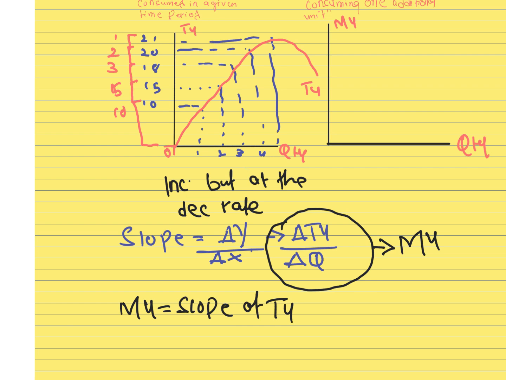These values show us how total utility is increasing but marginal utility is falling. Now let's plot the graph of marginal utility, and we'll look at the reason why, when TU increases, marginal utility falls. But let me plot the graph of marginal utility first.